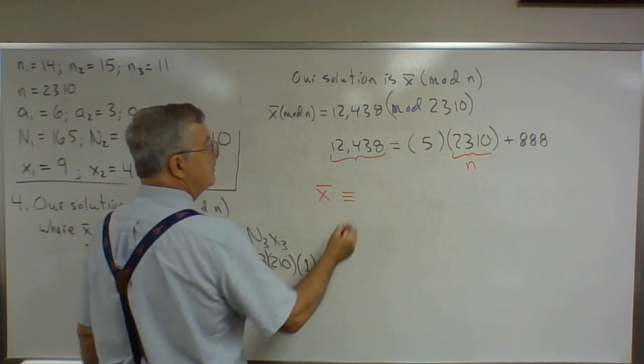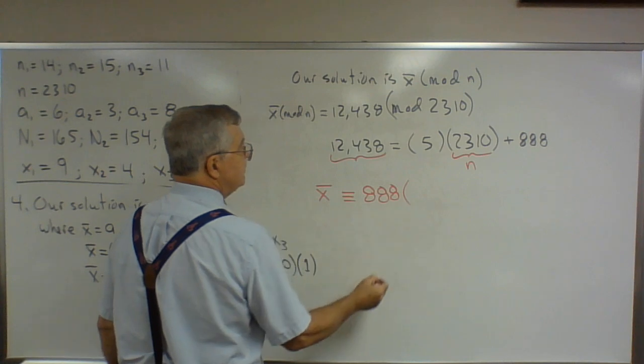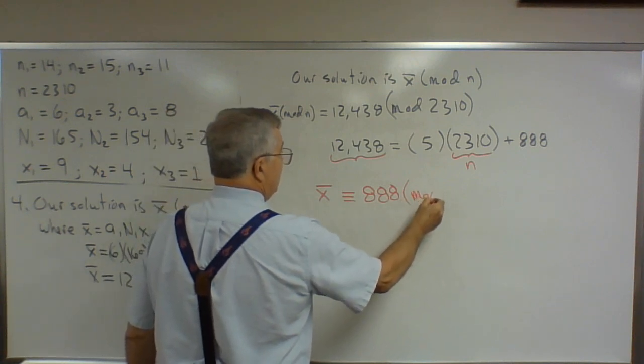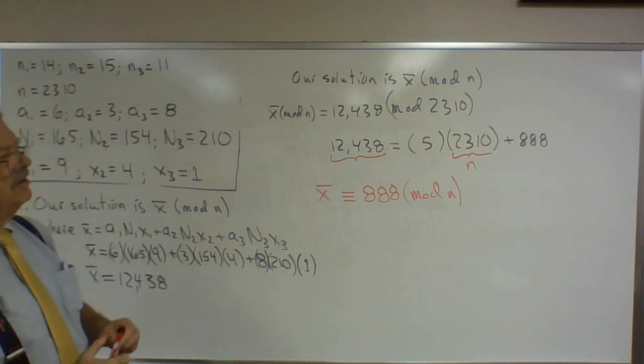So x bar is congruent to 888 mod n, and that is our solution.